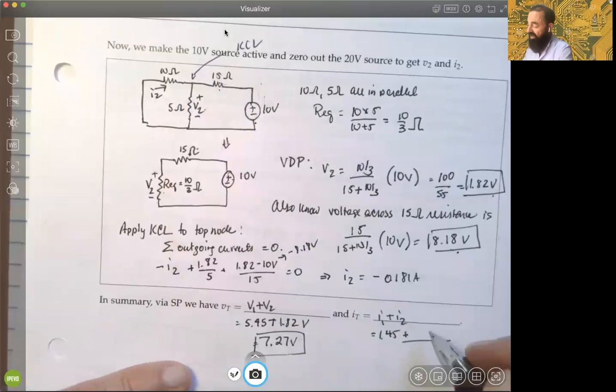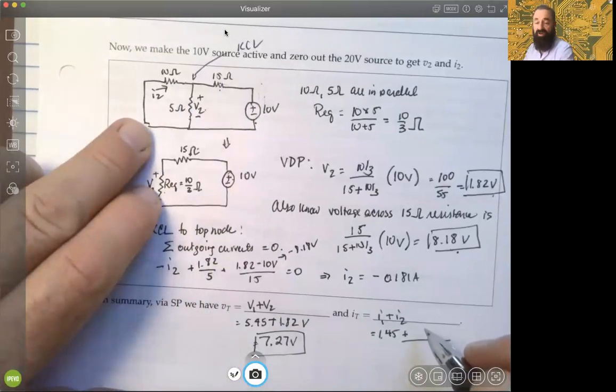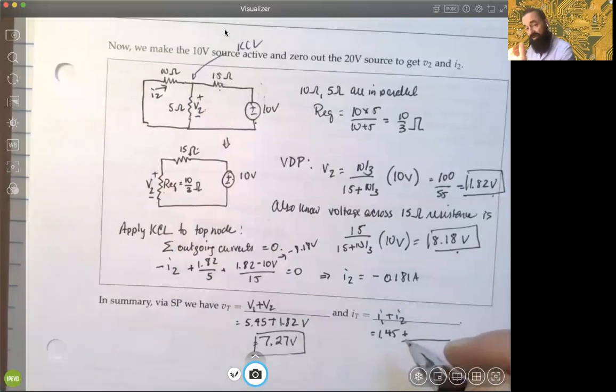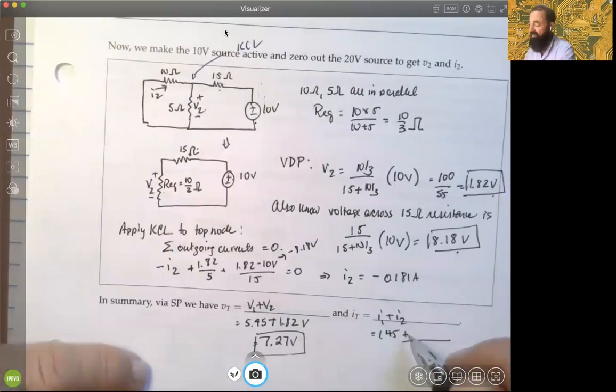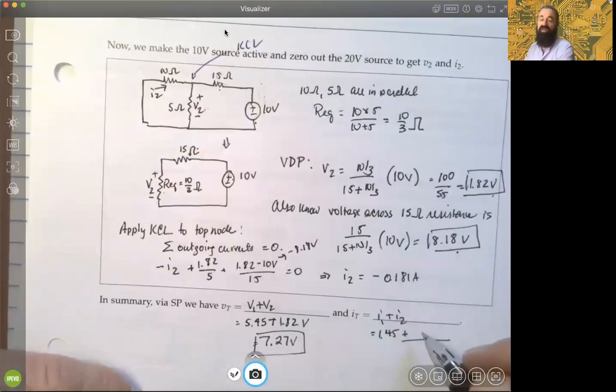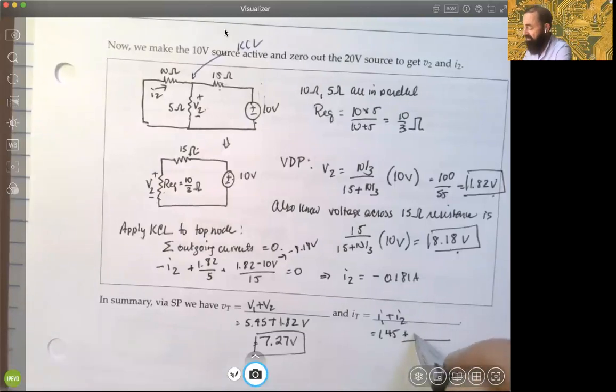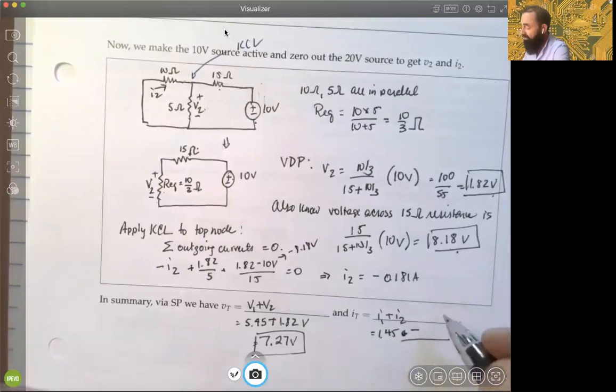So the final representation of current has to be the 1.45 amps going left to right, mitigated by 0.181 amps going the other direction. And so we would subtract here 0.181 amps, and you'll get 1.269 amps.